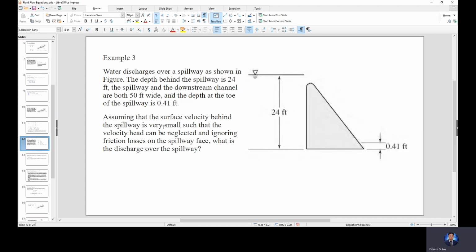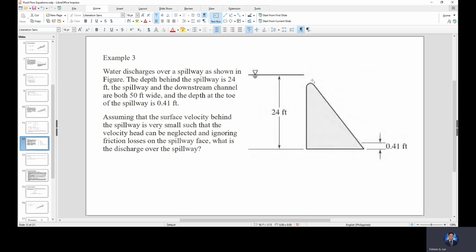Assuming that the velocity behind the spillway is very small, such that the velocity head can be neglected, and ignoring the friction losses on the spillway face.